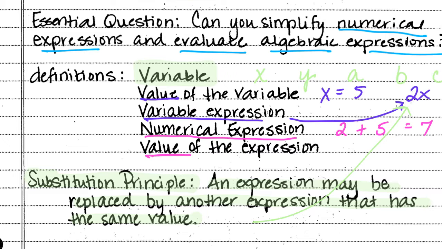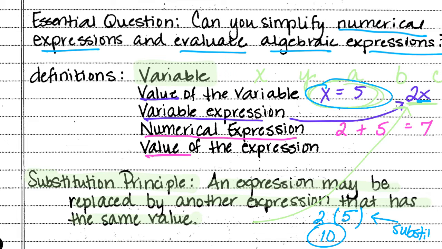If x is equal to 5, and I tell you to find 2x, well, I take 2 and replace the x with the numerical value of 5, because they are equal. Anytime we replace a letter, a variable, with a number, we're going to put it in parentheses. So this is just saying 2 times 5, so the answer would be 10. And that's what we mean by substitution.